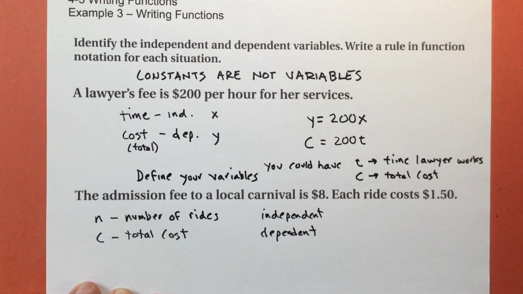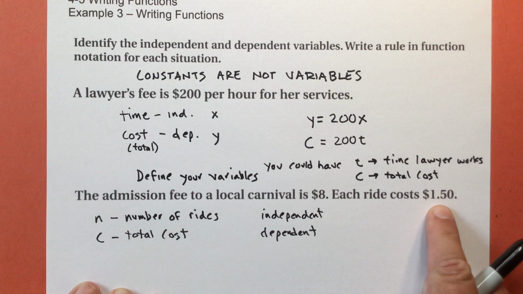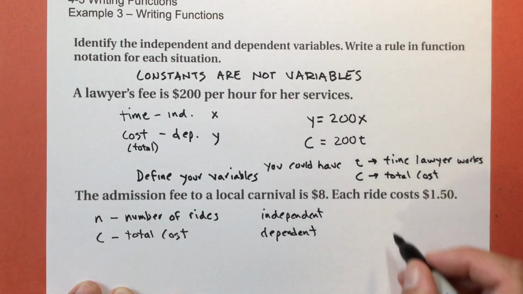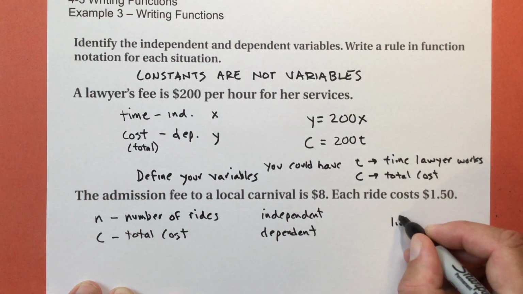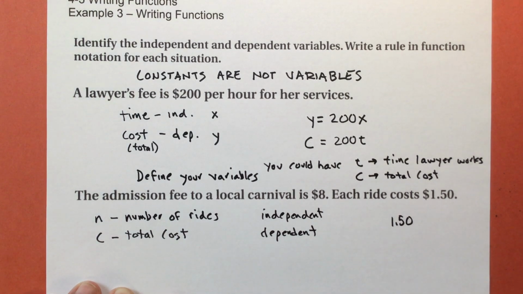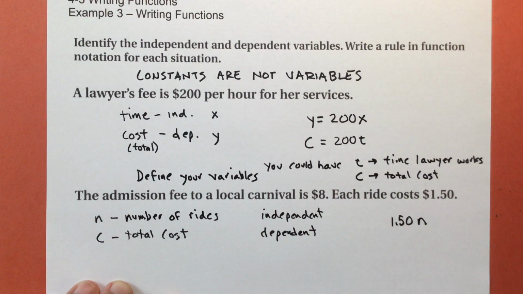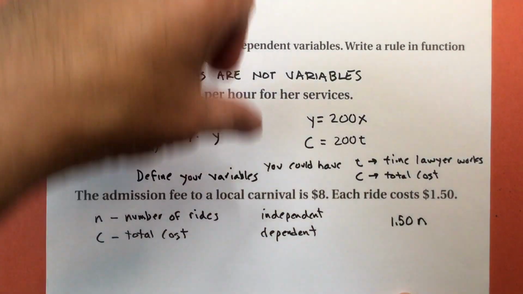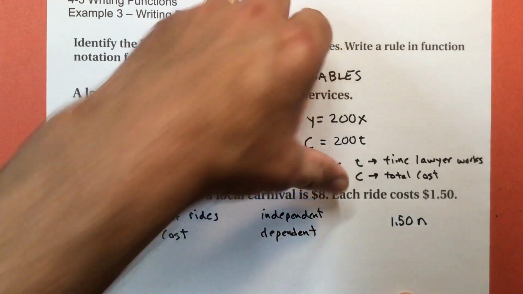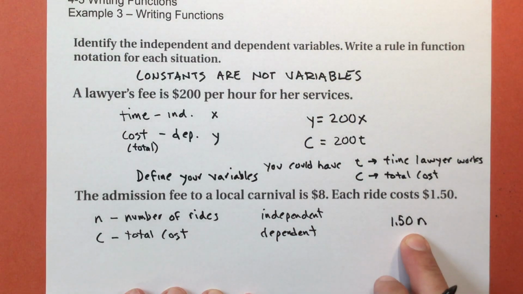Repeated addition is multiplication. So I'm going to multiply the 1.50 times the number of rides that I have. I'll write $1.50, and I'll put the 0 in there just to identify that we're talking about money. I'm going to multiply that times the number of rides. So if there was no fee to get in, that's all that you would pay, and that's what your total cost would be.